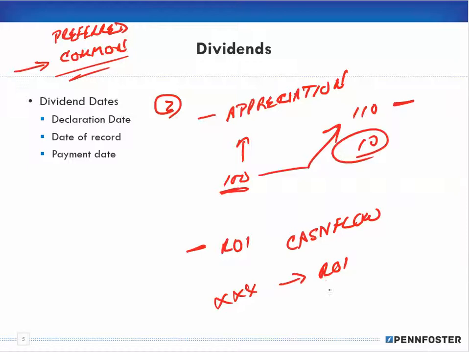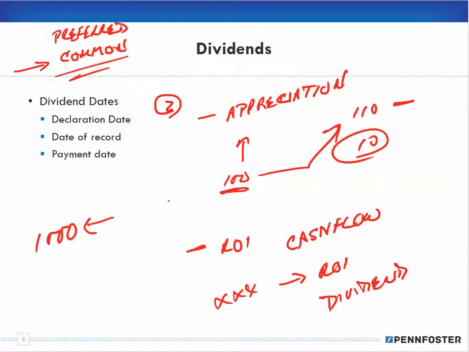In this case, that cash flow for stocks is dividends. I'm going to buy, say, 1,000 shares of stock, and I'm hoping that the company will pay a dividend. If they pay that dividend, depending upon the number of shares I have, I'm going to get a portion of that dividend as a return on my investment.